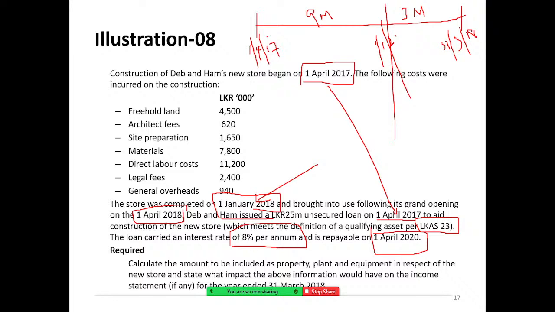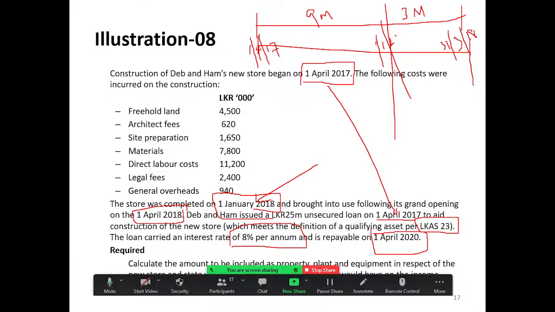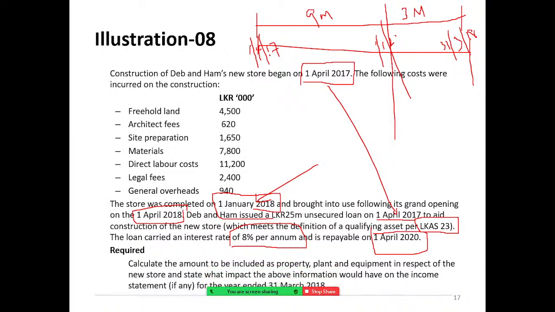So the interest is paid for the whole year. How much? 25 million into 8%. That is for the full year, but we have to capitalize only for 9 months. This 9-month interest cost can be included as a cost, but the 3-month interest cost cannot be capitalized with the construction of the new store.